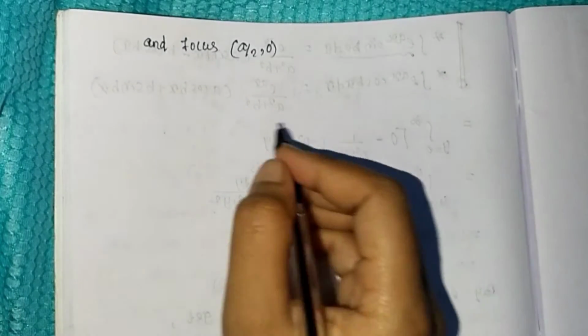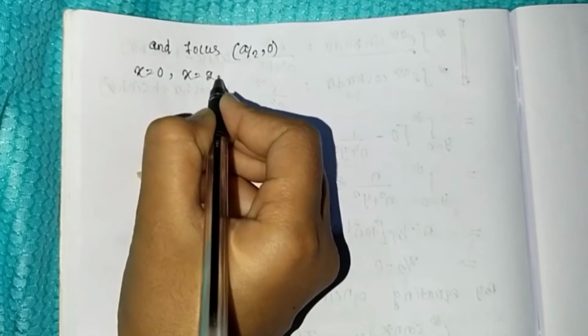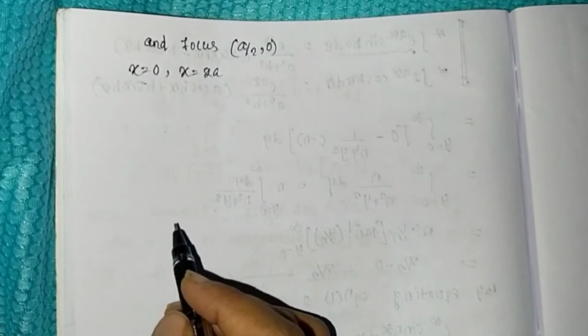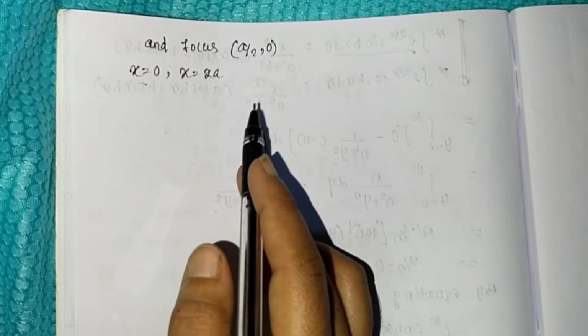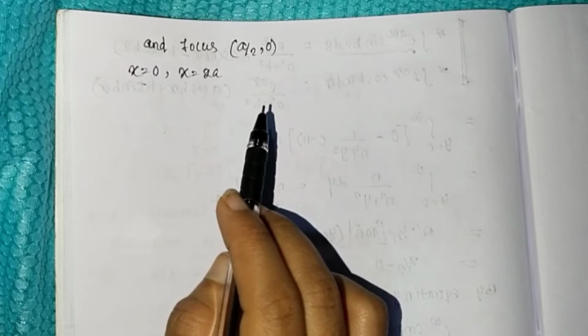Then given x equal to 0 and x equal to 2a. x equal to 0 is our y axis and x equal to 2a is a line parallel to the y axis.